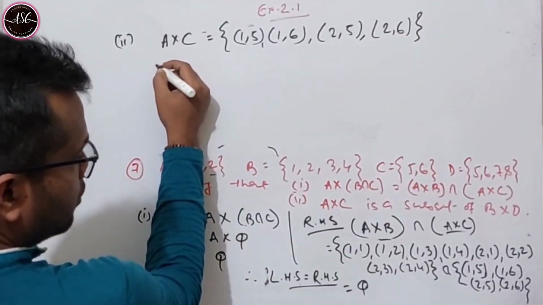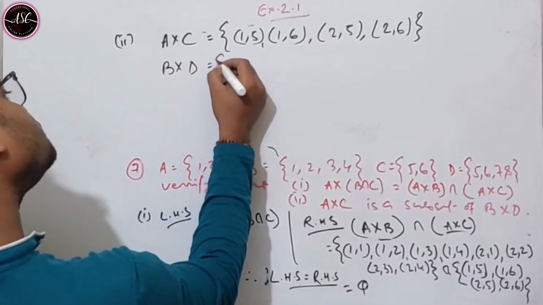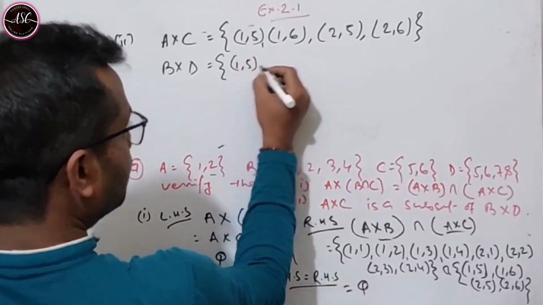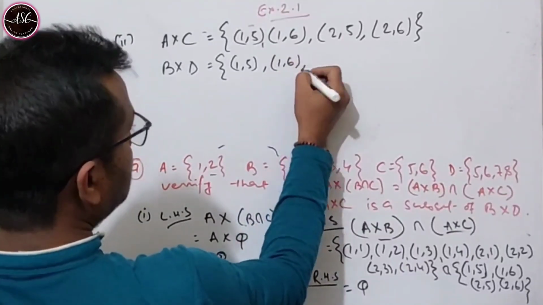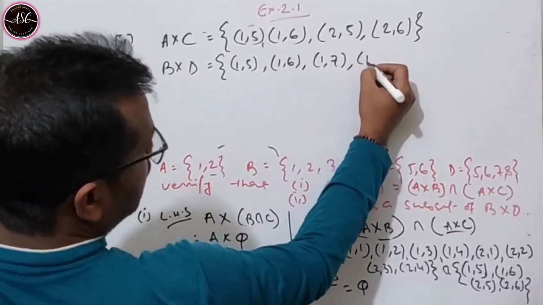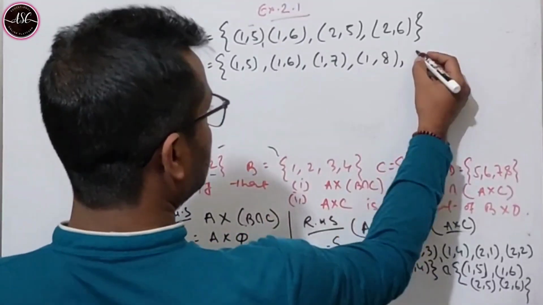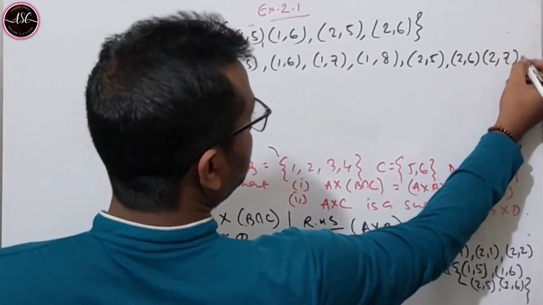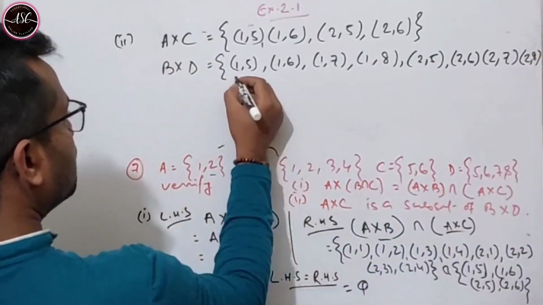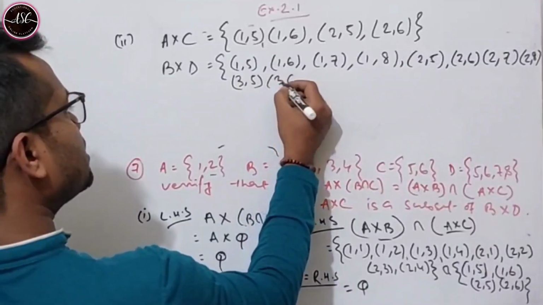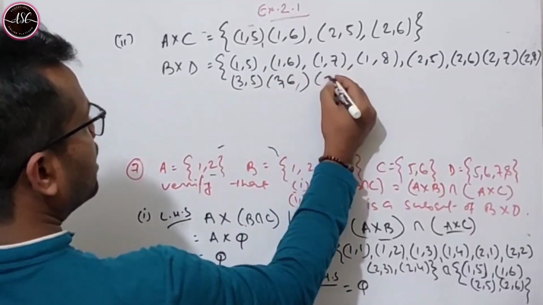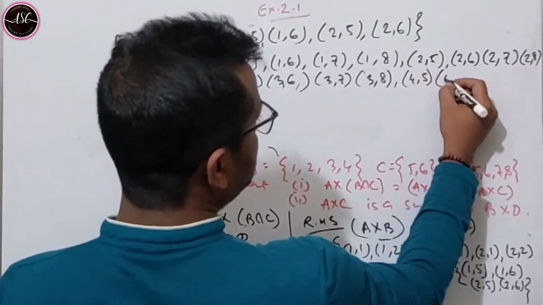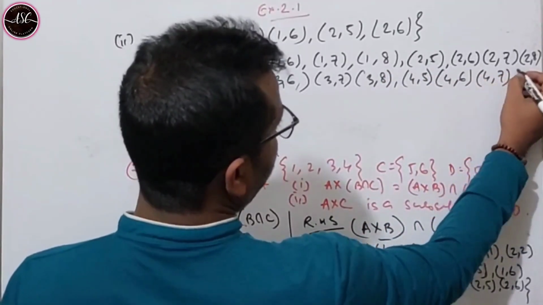And B cross D, what will we get? (1,5), (1,6), (1,7), (1,8). Okay. Then (2,5), (2,6), (2,7), (2,8). Then (3,5), (3,6), (3,7), (3,8). Then (4,5), (4,6), (4,7), and (4,8).